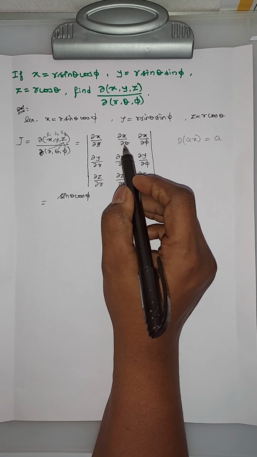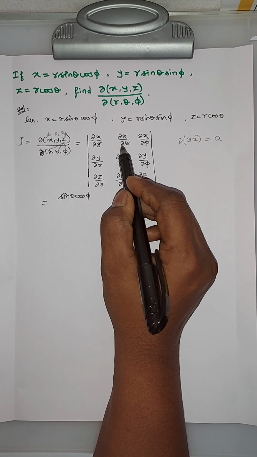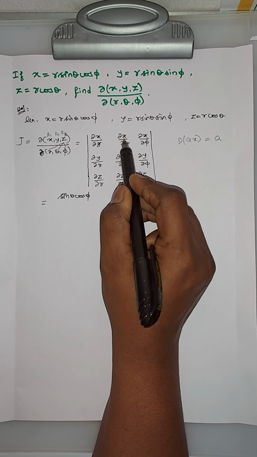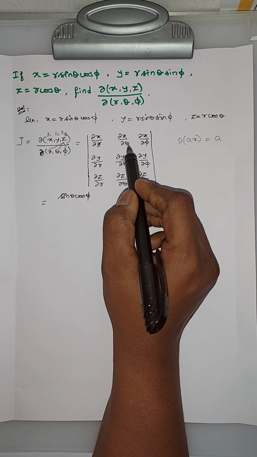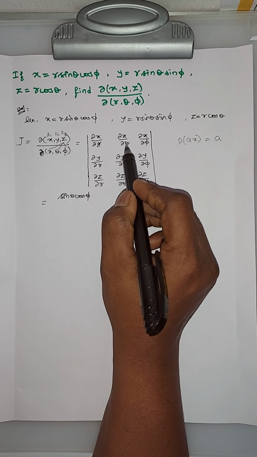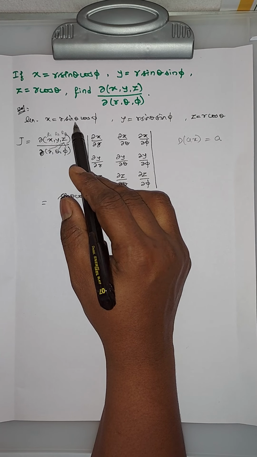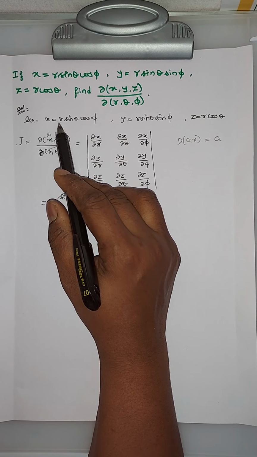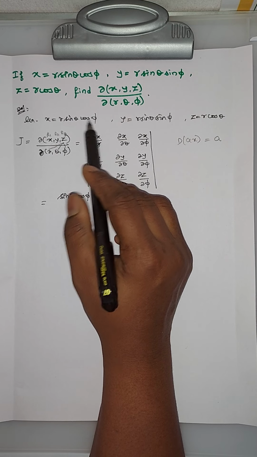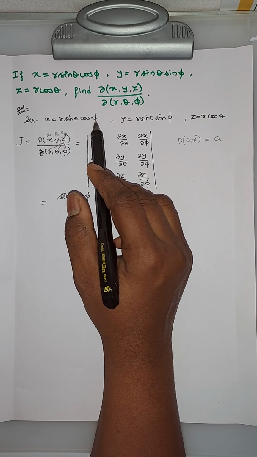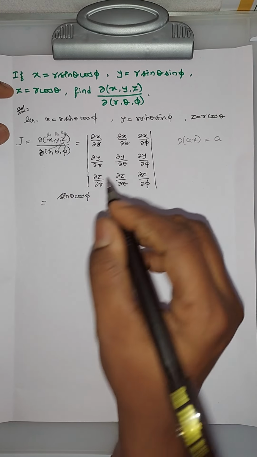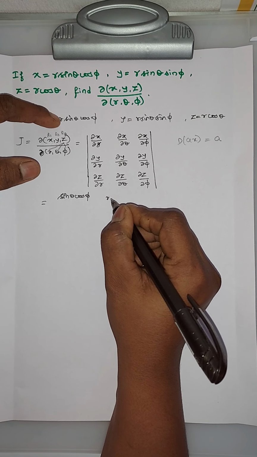Moving on to second element. Second element is partial differentiation of x with respect to theta. With respect to theta, we have to differentiate x partially, which means that the other variables r and phi remain constant. So r comes as it is.